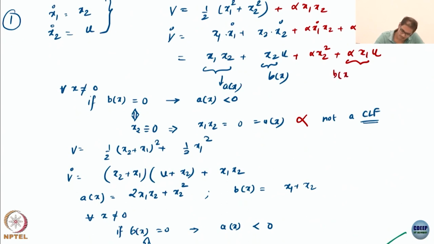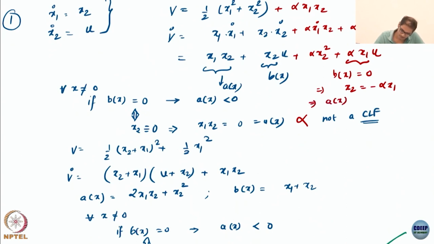So bx equal to 0 implies x2 is minus alpha x1. Now, what do I get for ax in this case?